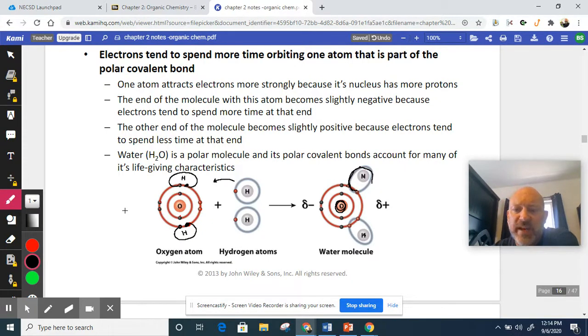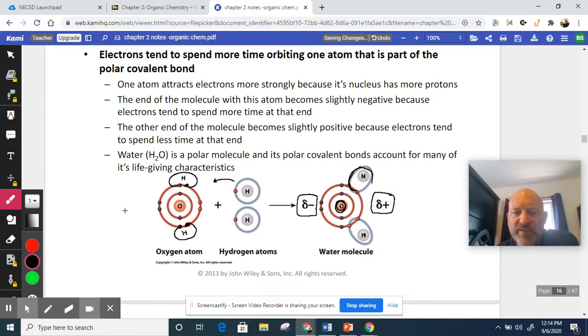But because the negatively charged electrons are hanging out more so on this end and not so much on this end, there's a electromagnetic shift inside of this molecule. So this end of the molecule takes on a slightly negative charge compared to this side, which is taking on a slightly positive charge.